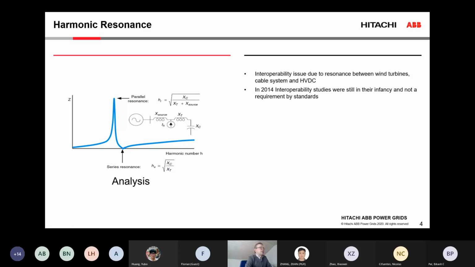The root cause of this, I would classify as an interoperability issue, due to resonance between the complete system, including the wind turbines, the cable system, and the HVDC. And one should note that this was back when we knew a lot less than we do now.